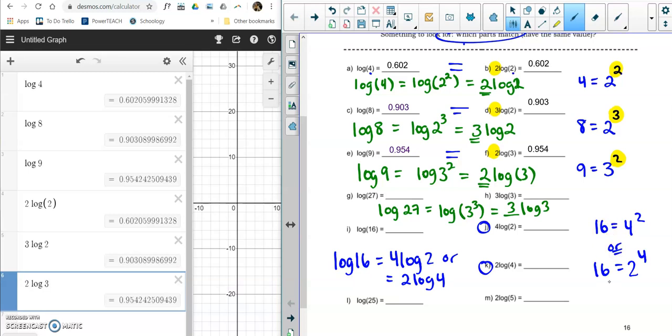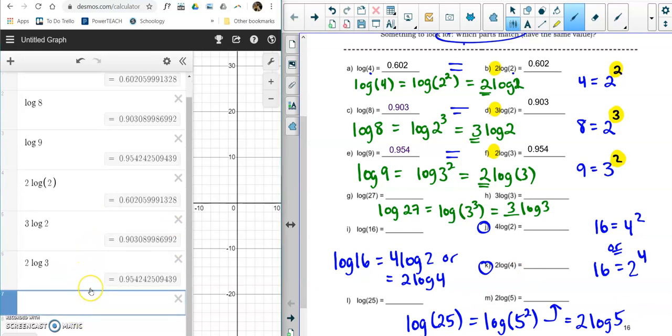Okay, and this last one, the log of 25, 25 is 5 squared. So that means that's going to be equal to 2 log 5. And now I do want to point out, you could totally take this time to keep checking on your calculator if you're not ready to believe me.